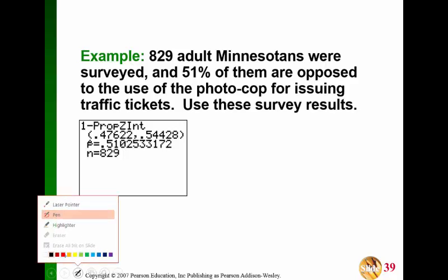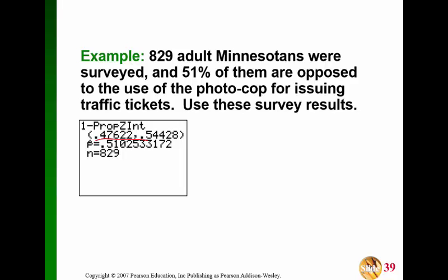And then the next question is, based on your confidence interval, what is the margin of error, for example? Well, if you look at what the margin of error means, you got 0.476, 0.544. You can probably figure this out by finding the mean, or you can just say, oh, that's 51%.